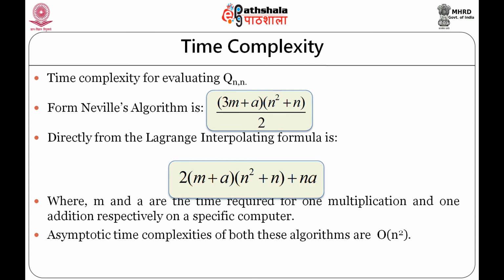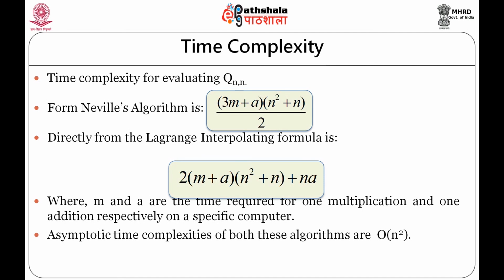Then how many such operations are performed during the execution of the algorithm will determine the time complexity. So if I want to calculate the time complexity for evaluating q n n, I have to go through the entire for loop given in the algorithm.